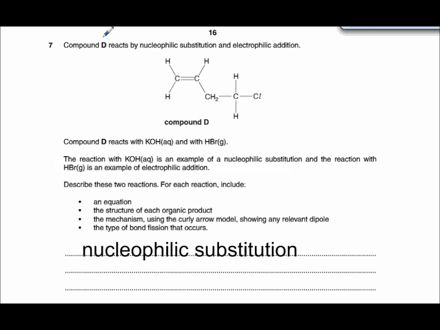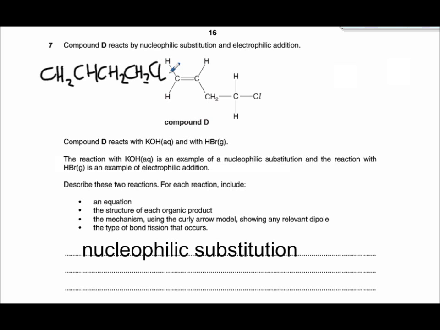So to start off with, first of all, I'm going to convert this into structural formula to make it quicker for me. So I've got CH2, which is my first part of the molecule. Then I've got a CH, then another CH2, then I've got another CH2 connected to a chlorine, so CH2Cl.